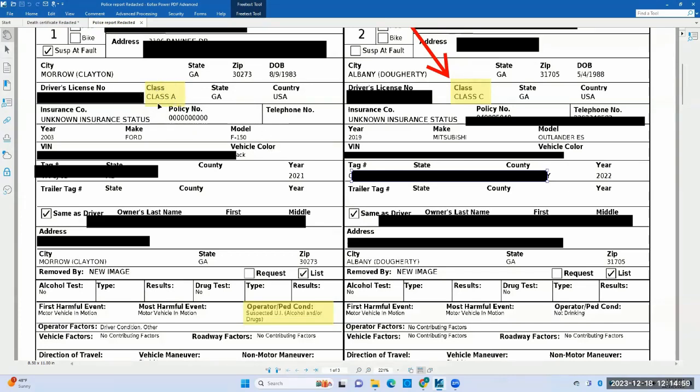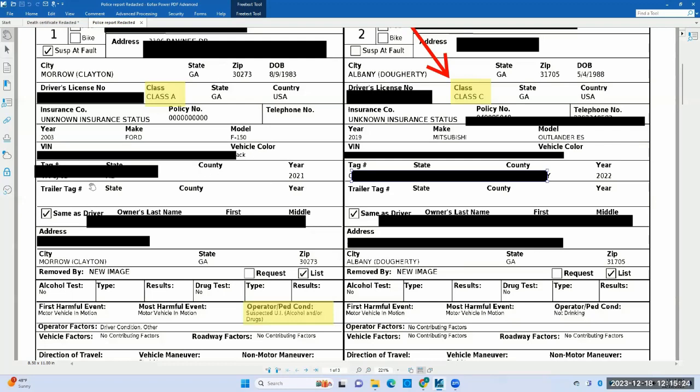Here, this person has a Class A driver's license. We'll get to why that's important later. And the insurance carrier with the policy number, with the year, make, and model of the vehicle and the VIN number, the tag number or driver's plate number.